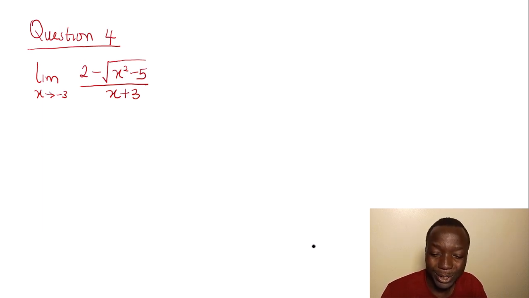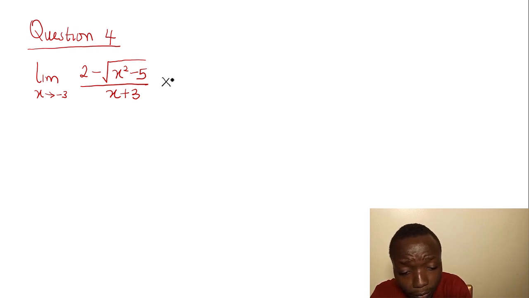All right, let's do another question involving conjugation, and let's see if you understood what I explained in the previous one. Straightforward, you can try to substitute -3. You discover that you again get a case of 0/0. So without wasting any time, let's multiply both the numerator and denominator by the conjugate.